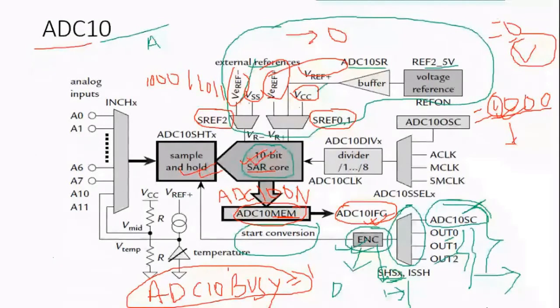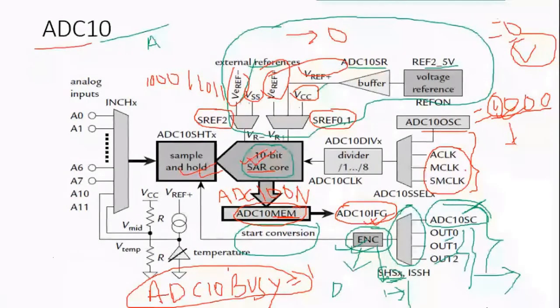Okay. Now next is the clock. No system will work without a clock. So for this, one clock arrangement is there. There are 4 types of clocks available: MCLK, SMCLK, ACLK, and ADC10OSC clock. ACLK, MCLK and SMCLK you can get directly from the clock source or clock tree, which you have already studied.